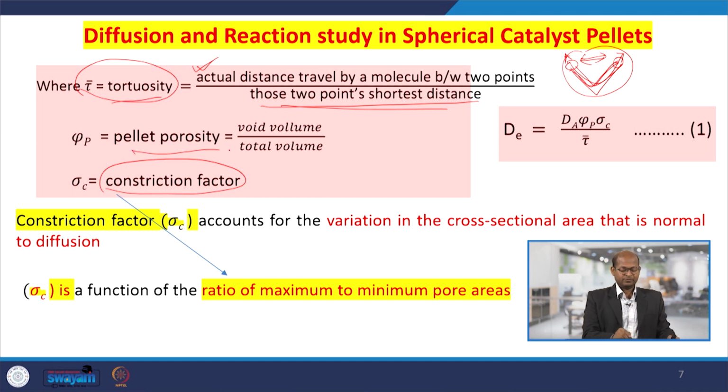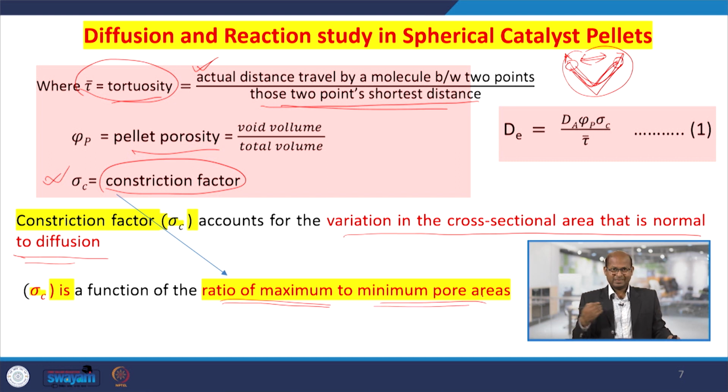Phi, as I said, is the porosity, the void volume divided by the total volume, and sigma c is the constriction factor. It reflects the variation in the cross-sectional area normal to the diffusion. So sigma c is the ratio of the minimum to the maximum pore area.